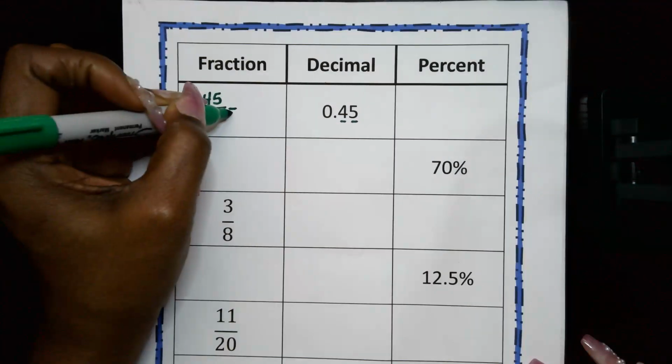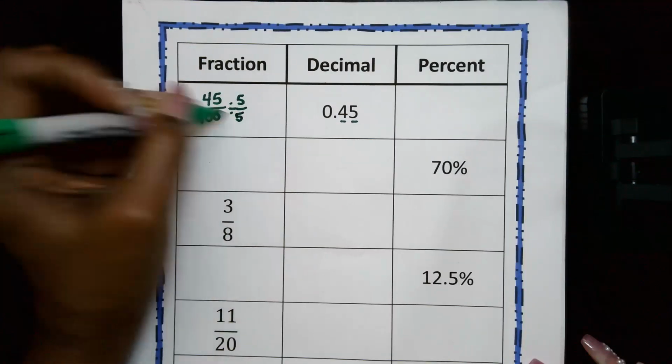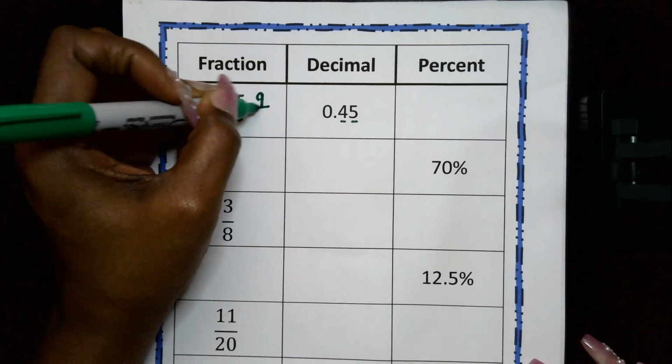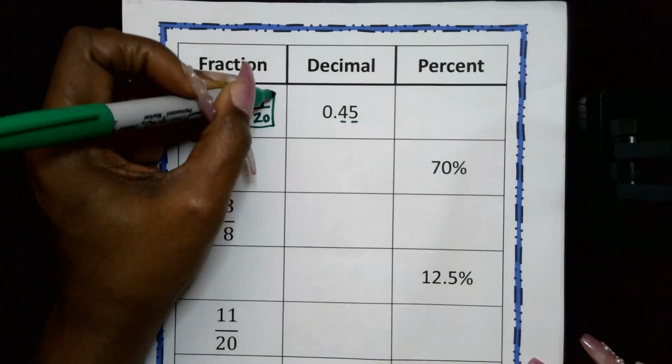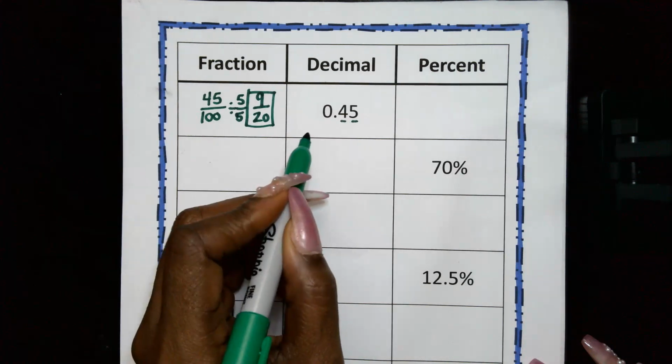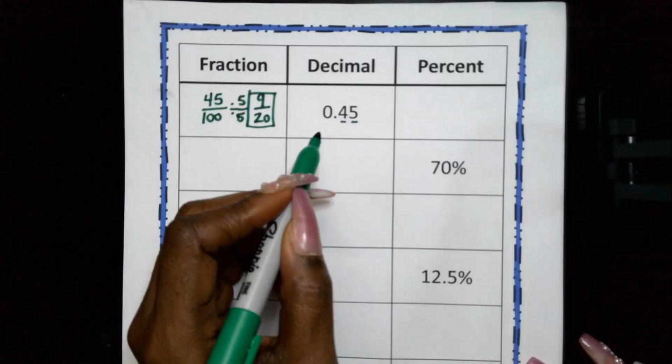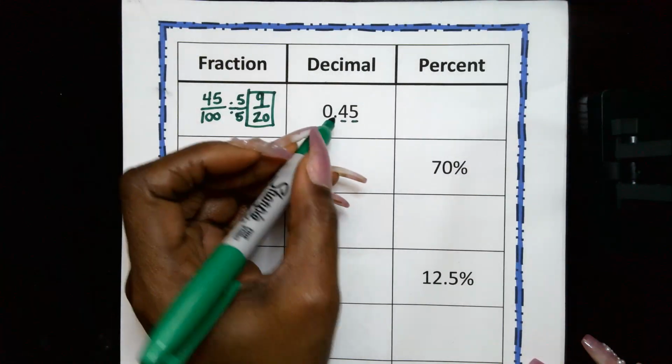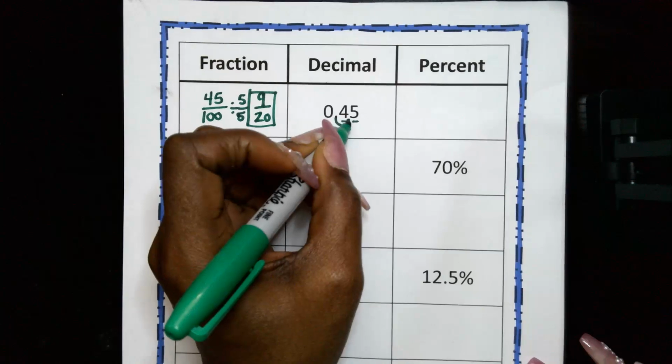I know I can divide it by 5, and that's going to give me 9/20. Now, to go from a decimal to a percent, here. So all I'm going to do is multiply by 100 or move my decimal 2 places to the right.